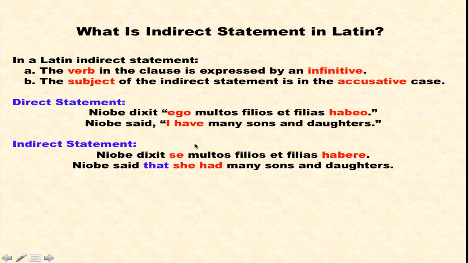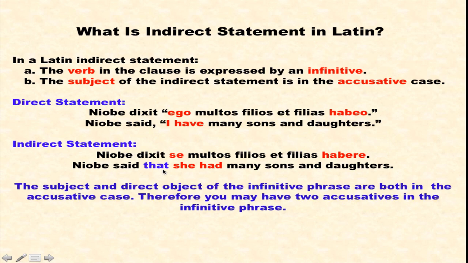And third person, referring to the subject of the original sentence, is going to be the pronoun se. Notice that also the verb habeo changes to the plain old infinitive here, habere. In this situation, it's a present infinitive. We will talk later in the video about different tenses of infinitives. And notice here that we have the "that" we put in there.